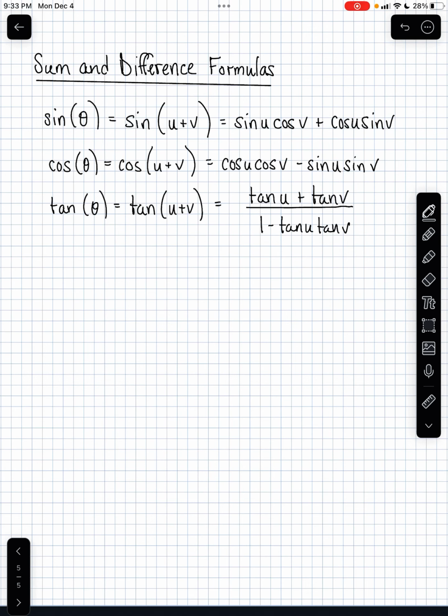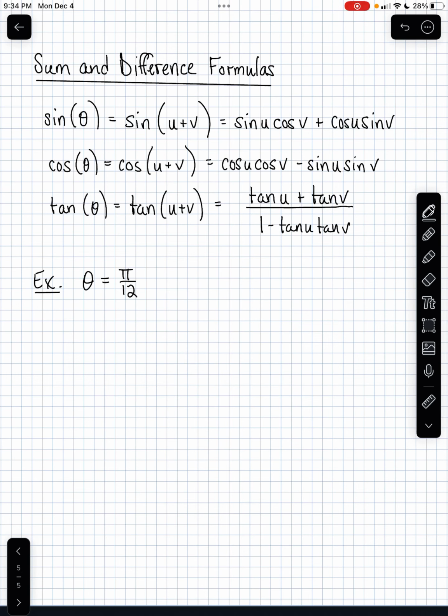So before we get into using these formulas, I'd like to talk about how to write a common angle as a sum or difference of other angles. So for example, let's take the angle theta is equal to pi over 12.